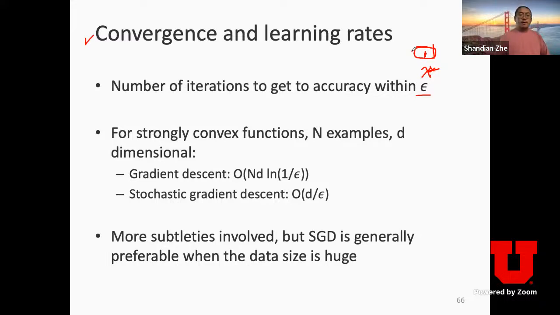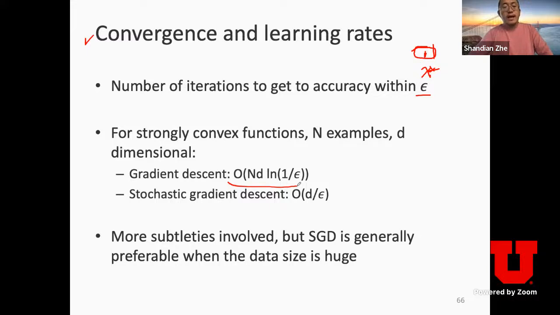If your function is a strongly convex function, you have n examples, and your instance space is d-dimensional, then gradient descent will need this many iterations to get within epsilon distance of the true minimum of the objective function.